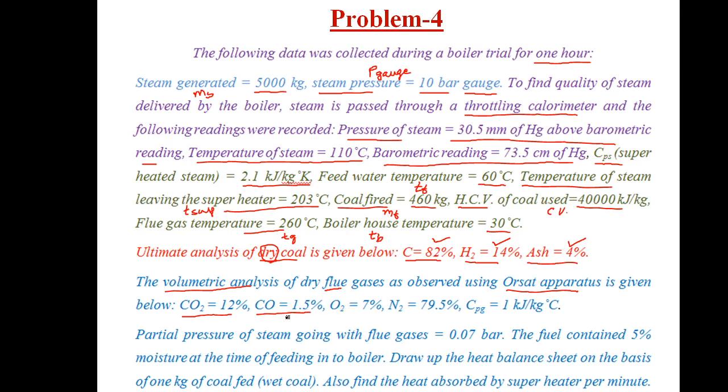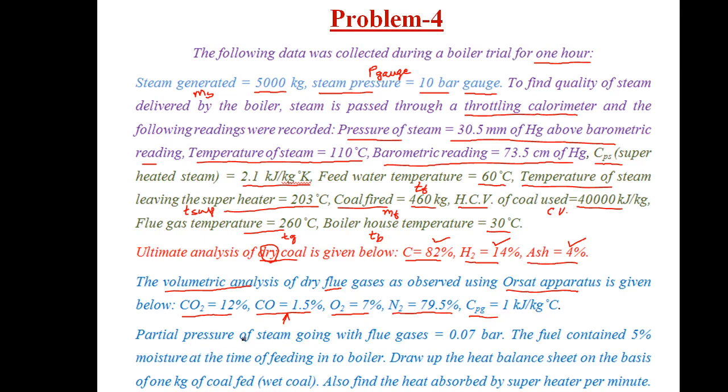The presence of carbon monoxide indicates that the combustion of fuel is incomplete. Oxygen is 7% in the flue gases, nitrogen is 79.5%, and the specific heat of the hot gases at constant pressure is 1 kilojoule per kg degree Celsius.